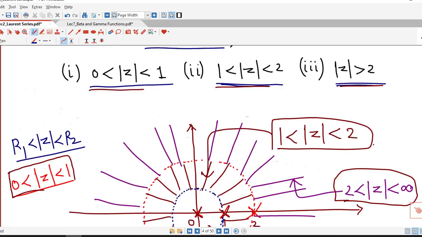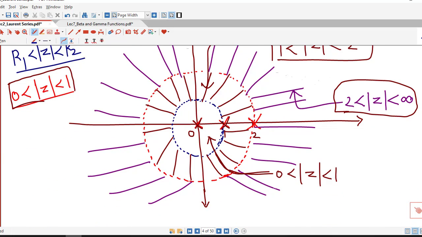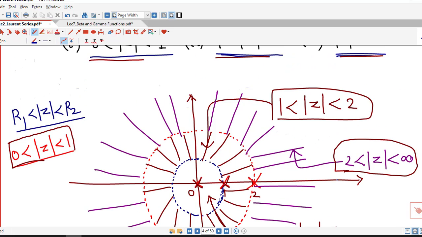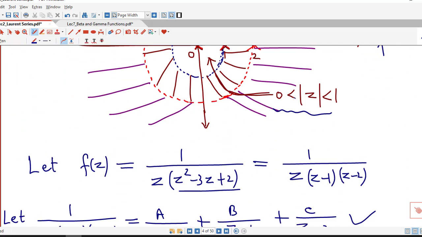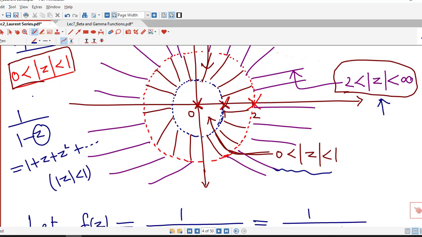Here we have expanded our function f of z in these three domains: 0 less than mod z less than 1, 1 less than mod z less than 2, and 2 less than mod z less than infinity. And in all these expansions we are just using this expansion, and we are converting our functions in such a way that we have absolute value of this quantity less than 1.